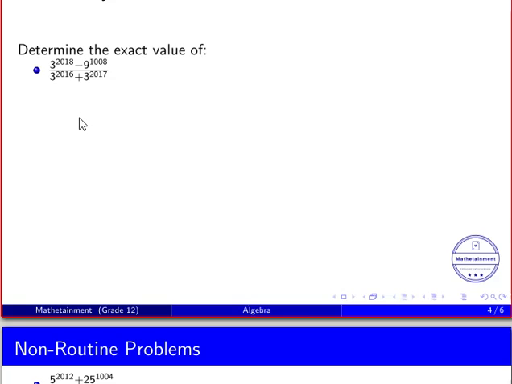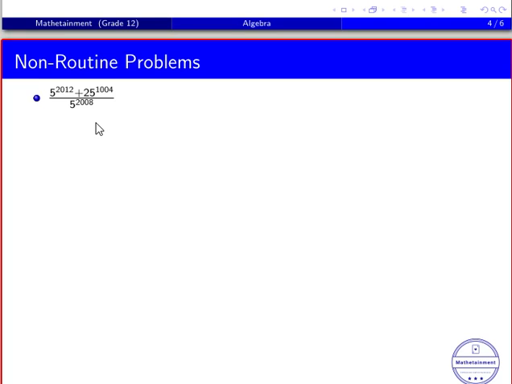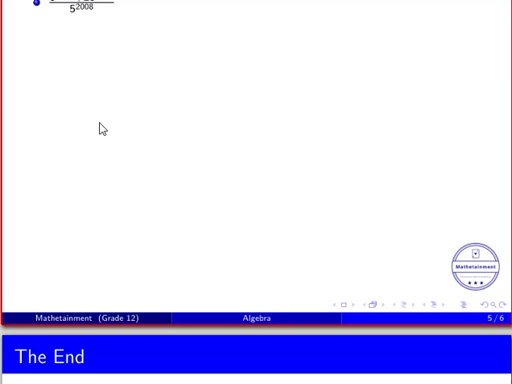So this is your first problem, and this is also your second problem: (5^2012 plus 25^1004) all over 5^2008. If you look at these problems, they are related to what I did on my previous problems.